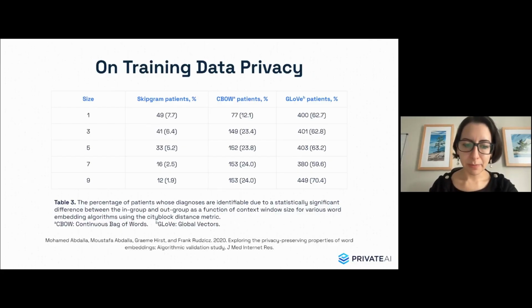In this other paper by Abdallah et al. from 2020, they showed how when you create embeddings, so these vectors representing the words within a healthcare data set, it was fairly straightforward to find which last names were closer to which first names, and which names were closer to which conditions.